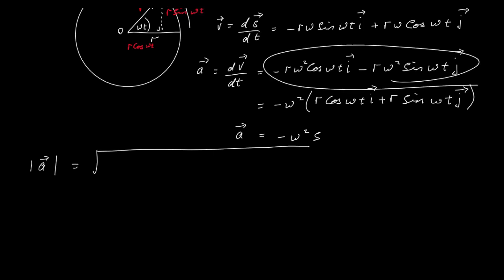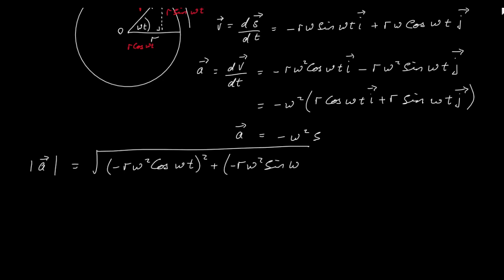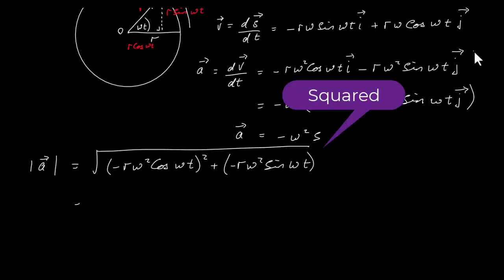This is our a here and this is b here. So we're going to put those into our formula. So it's a squared, so that's going to be minus r omega squared cos omega t, squared, plus minus r omega squared sine omega t, squared. Okay, so let's see what happens if we do all of this out here.